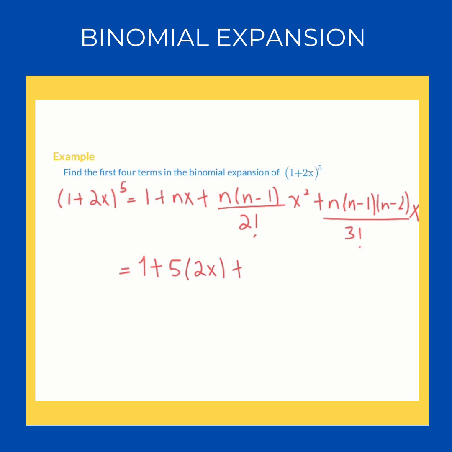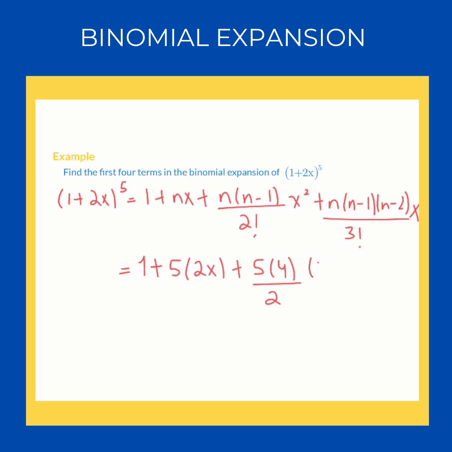Plus n times n minus 1, which is 5 times 5 minus 1, which is 4, over 2 factorial, which is 2 times 1, and it's 2x squared. Again, x squared here is the second term inside the bracket squared. So the second term is not x, it's 2x, so it's 2x raised to the power of 2.